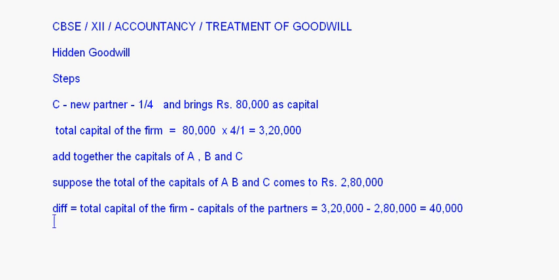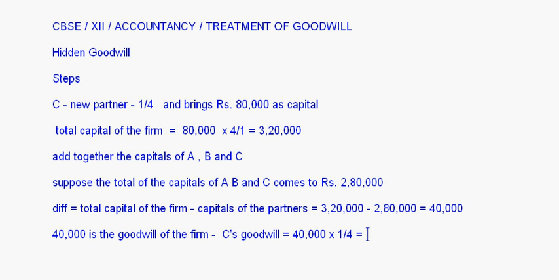So this 40,000 is the goodwill of the firm, and the new partner's goodwill, that is C's goodwill, will be his share. So that will be 40,000 into his share 1/4, which is equal to 10,000.